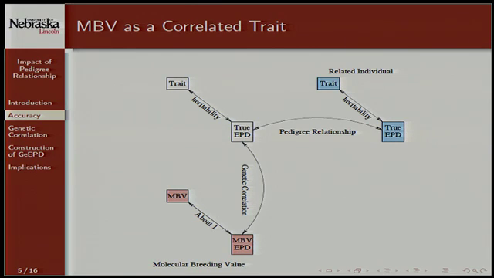I think Allison referred to this on her slide with the correlations; one thing she pointed out is that all those heritabilities were close to 1. But when we do an MBV, that's going to be related to the true MBV's EPD. With that heritability close to 1, these values should be essentially the same.